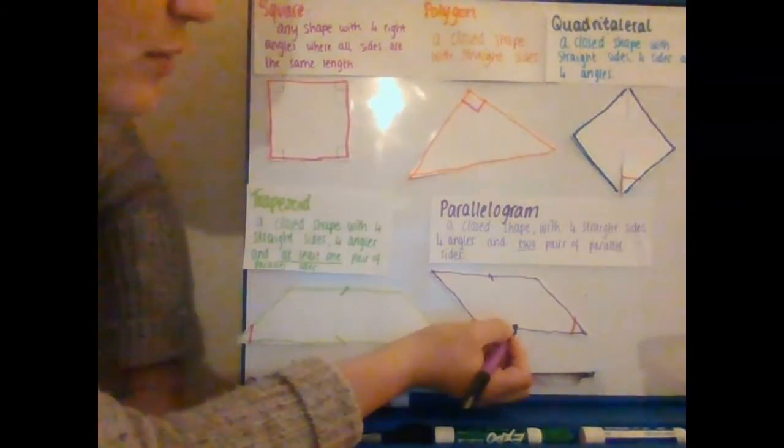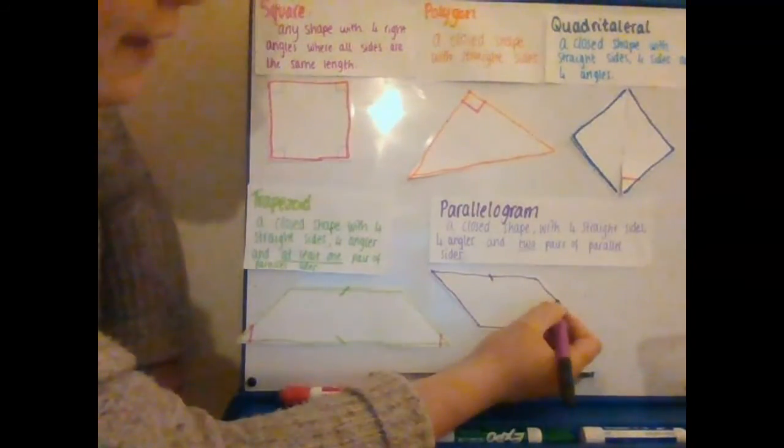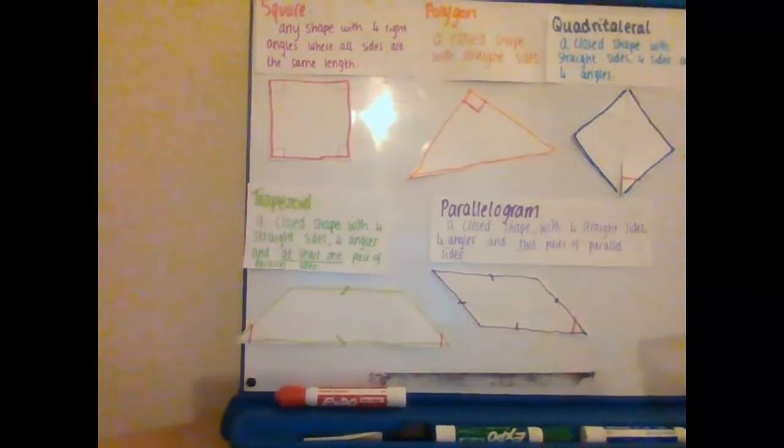This side is parallel to this side. They can continue on their track. And this side is parallel to this side. So there are our examples of our shapes, all that we can make from one squared sheet of paper.